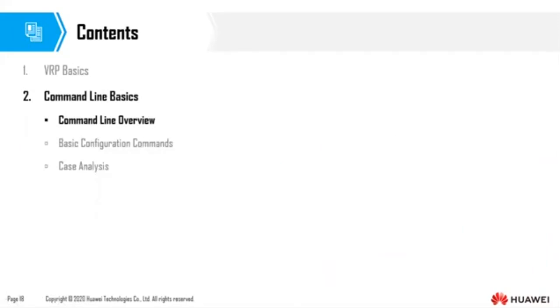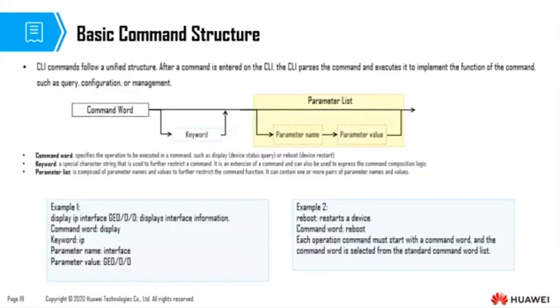Okay, so let's have a look at some of the command line commands and configuration. We begin by looking at the structure of the commands. A CLI command follows a unified structure. Unified structure means it's the same structure across all devices.